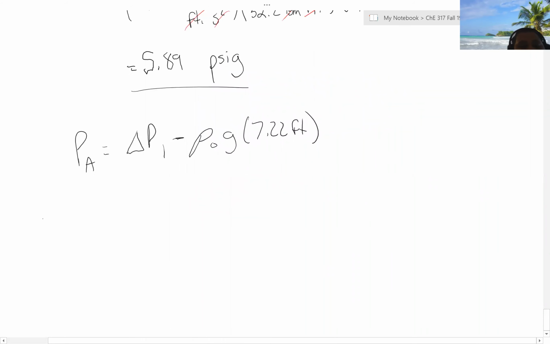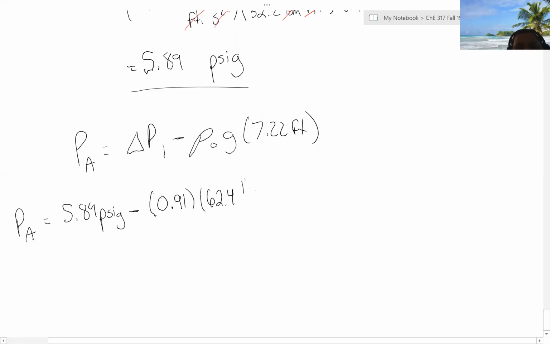So PA is going to be 5.89 PSIG minus the density of the oil, the specific gravity, if I remember correctly, was 0.91 times 62.4 pound mass per cubic feet times 32.2 feet per second squared times the 7.22 feet.